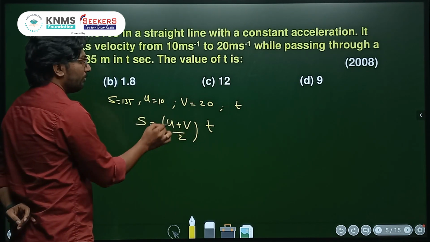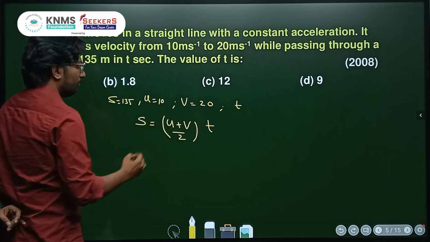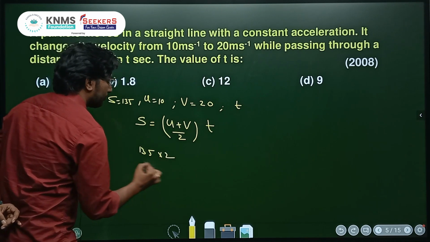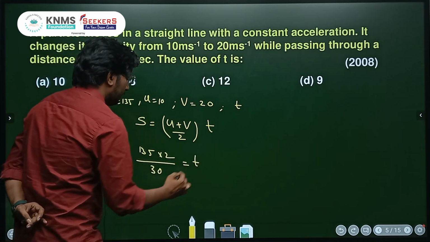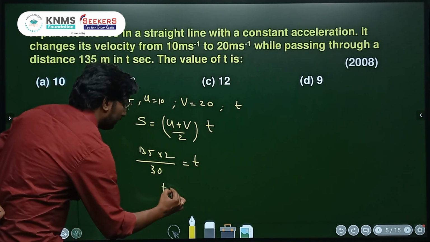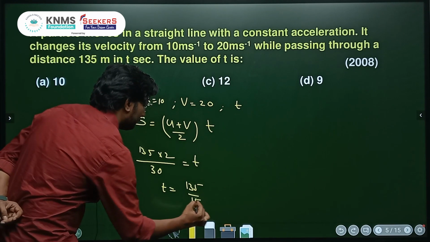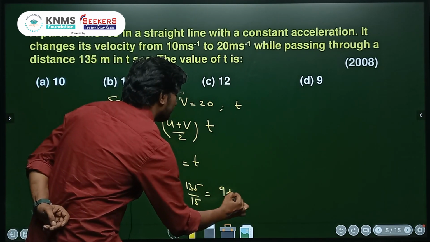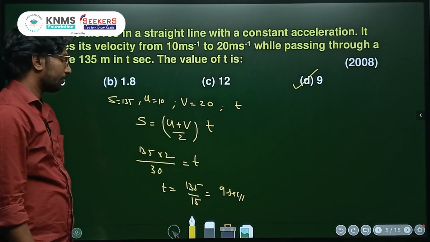So we can substitute everything, u value, v value, s value in here, and we can get the t value. So this will be 135 into 2 divided by 30, that should be equal to t, which should give us 135 by 15, and that should give the value of 9 seconds as the answer, option D.